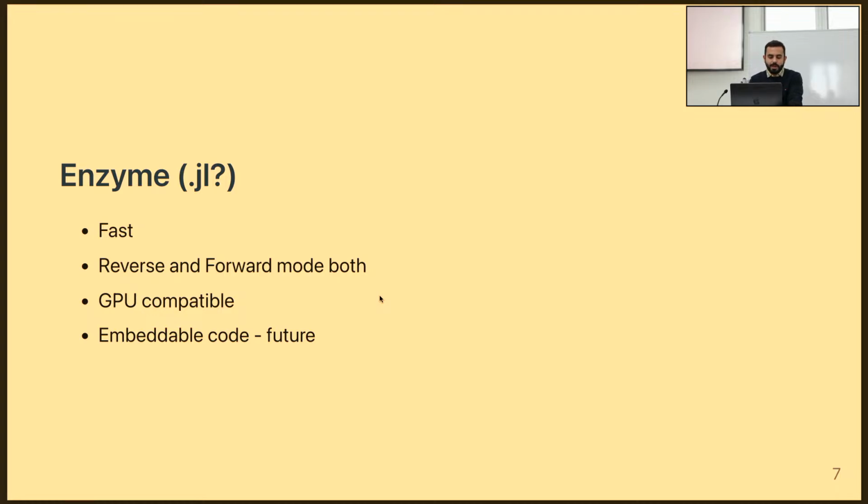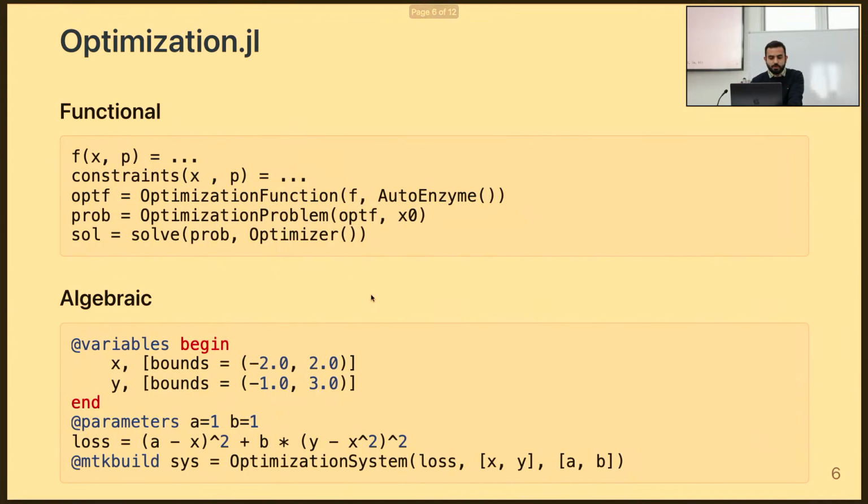Cool. One more thing that I wanted to mention here is this part where you see I'm defining this optimization function that takes the second argument as AutoEnzyme, which is basically this modularized approach to being able to plug in different automatic differentiation backends. Because everyone here knows there are trade-offs between what kind of automatic differentiation package you use.